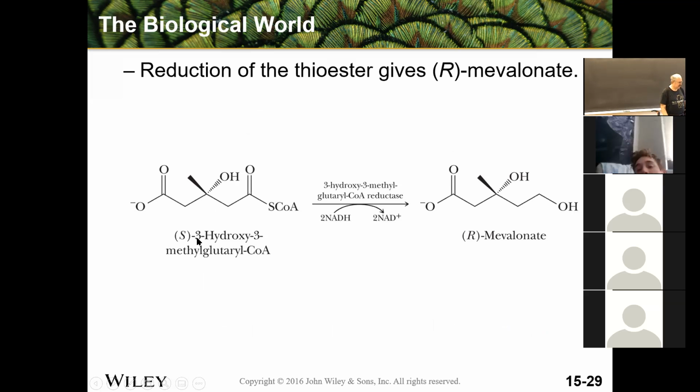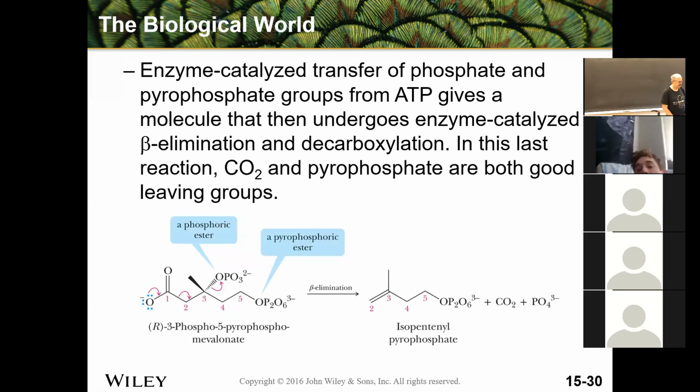The S enantiomer of 3-hydroxy-3-methylglutaryl coenzyme A is then transformed into R-mevalonate. And this is a key intermediate in the formation of isopentenyl pyrophosphate.